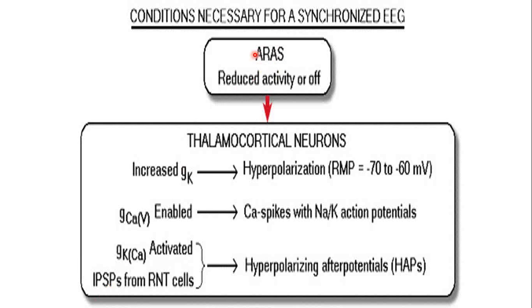This R up here refers to the ascending reticular activating system from the brainstem. This R down here is the reticular nucleus of the thalamus. The reticular nucleus of the thalamus is controlling the thalamus. In the thalamus, we need inhibitory control to get the proper balance between excitation and inhibition. We're going to see how important that is in a few minutes.